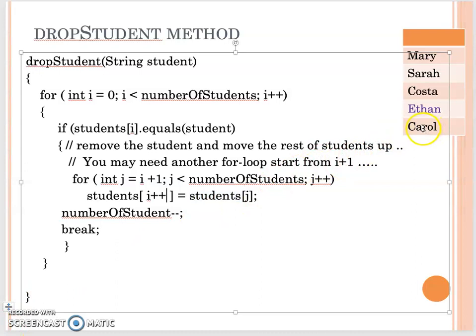So then the same thing, you see Carol copied over to Ethan. But who is next to Carol, they also need to be copied over.